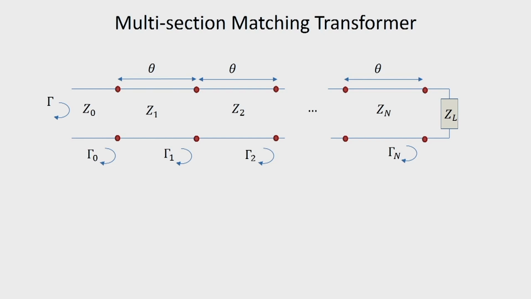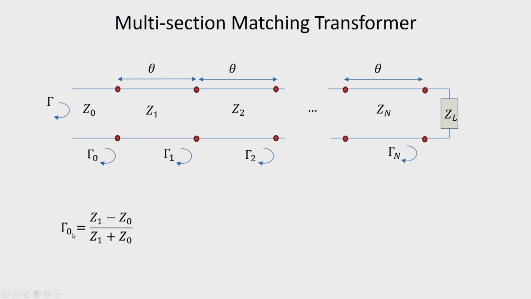Now, we introduce the partial reflection coefficients gamma 0, gamma 1, gamma 2, up to gamma N at these interfaces, whenever there is a change in impedance, and gamma is the overall reflection coefficient.